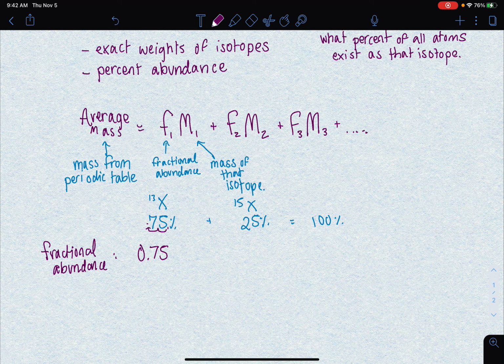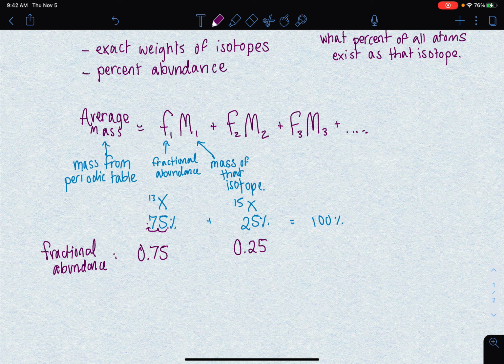Fractional abundance is usually how percentages are used in real life. When you are taking the percent of something, usually this is what you plug into your calculator. So if you want to know what 75% of $13 is, you'll take 13 and multiply it by 0.75.